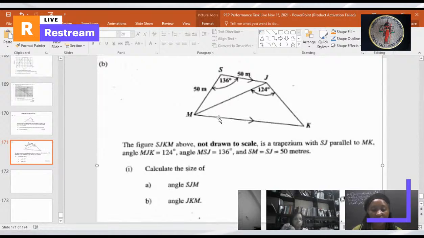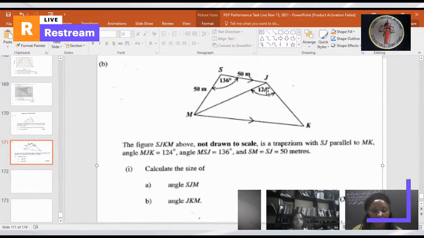So that's how we know this is 22. And that's why we're going to add the 124 plus the 22 and take it from 180 to get this angle. Now that we use this to get this, we can now focus on the triangle.